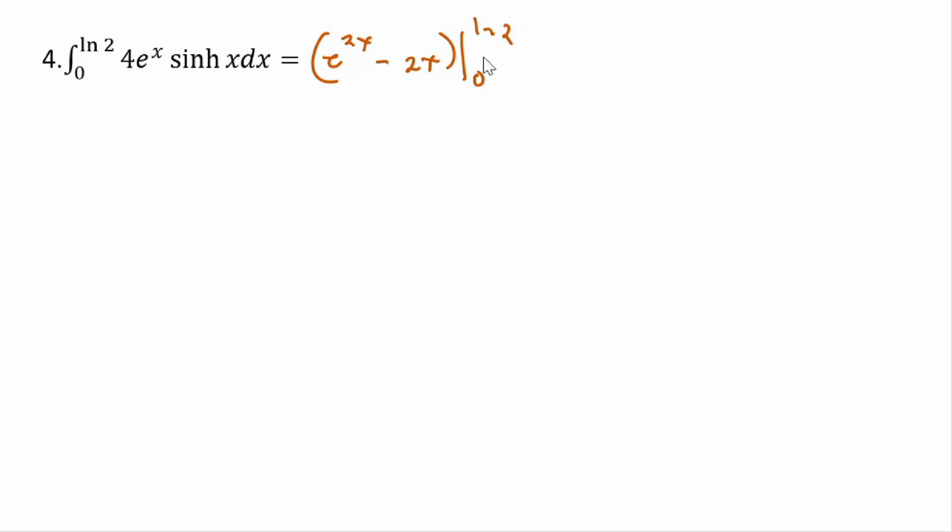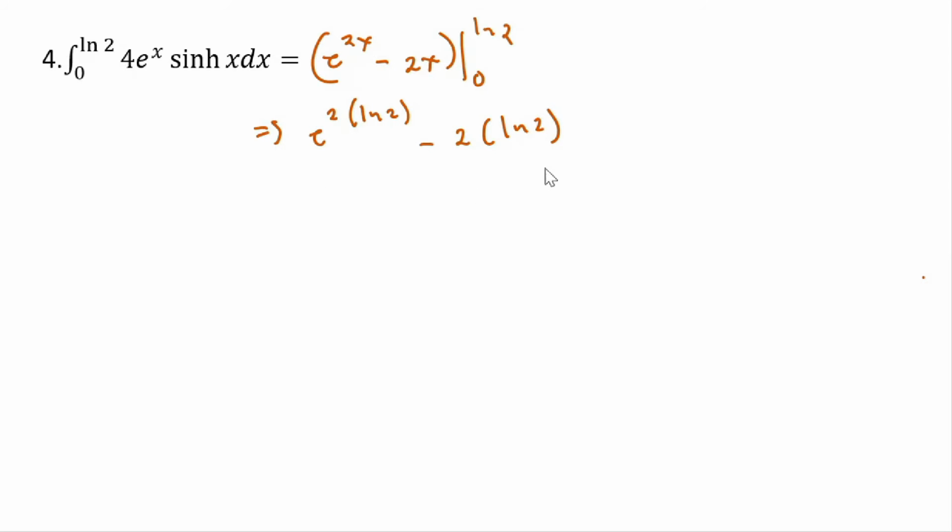To evaluate this one, we're going to use the fundamental theorem of calculus. So we have e raised to 2x, and then replace x by ln of 2. I can write e raised to 2 times ln of 2 minus 2 times ln of 2.